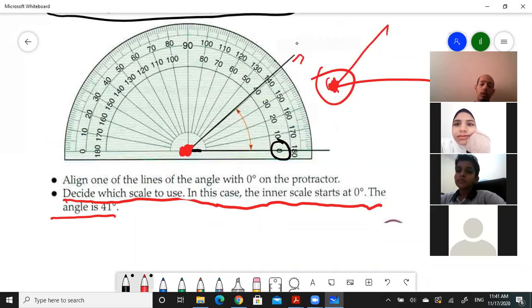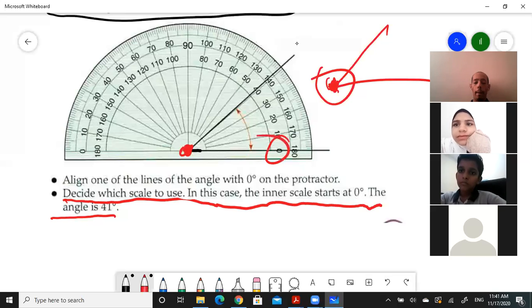We have 2 lines, this line and this line. Take one of them and align it with the 0 on the 0 scale on the protractor. Where is the 0? Here or here? So you have to align this line with the 0.